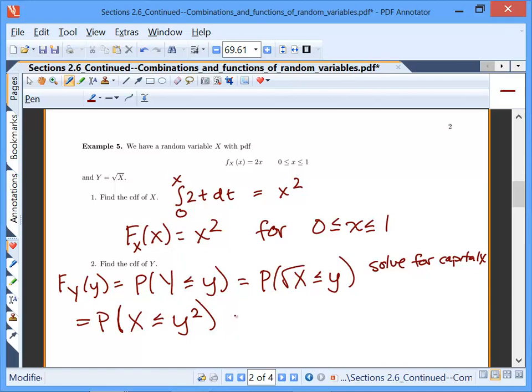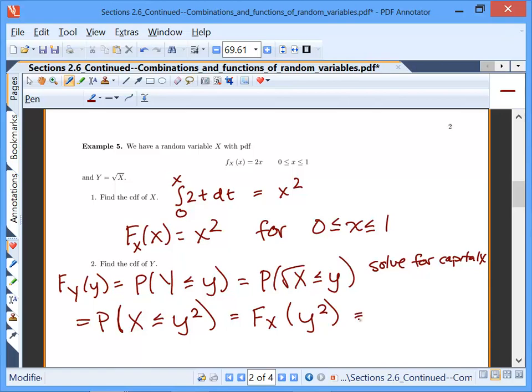Okay. And we say, wait a second, that looks familiar. X less than or equal to y squared, that is the definition for the CDF of x. So really this is the CDF of x evaluated at the number y squared. Okay. And do we know the CDF for x?